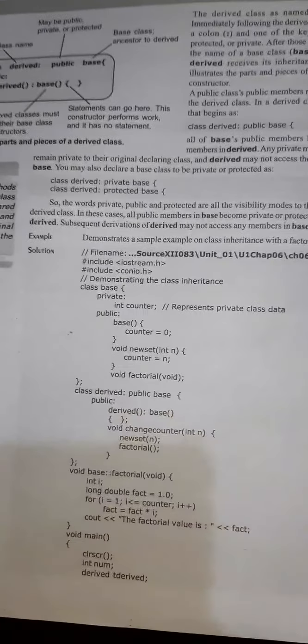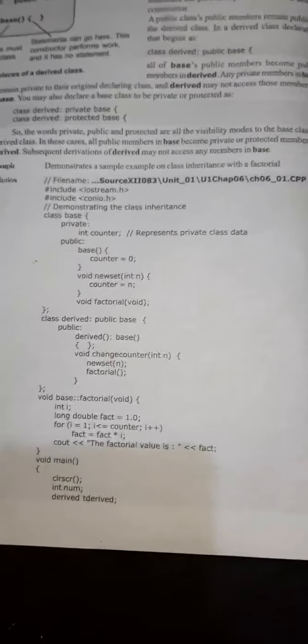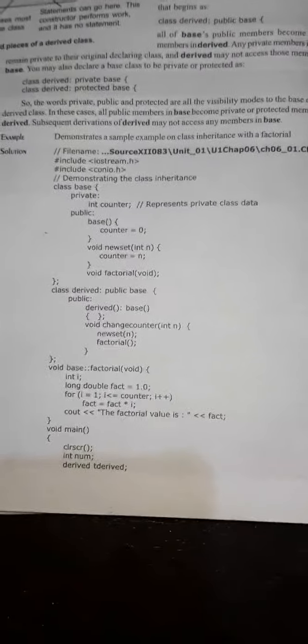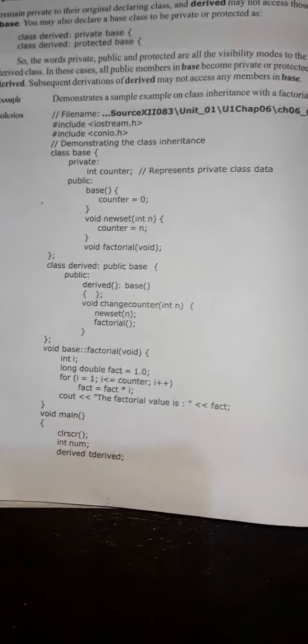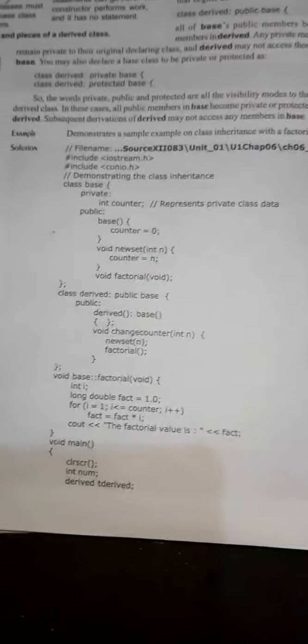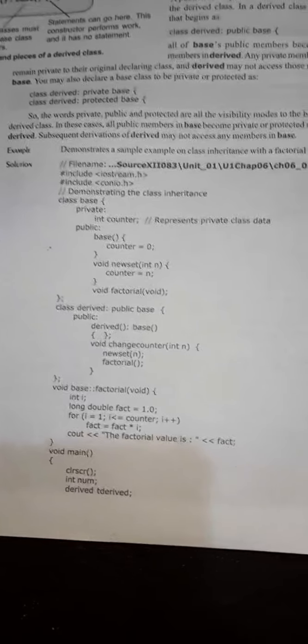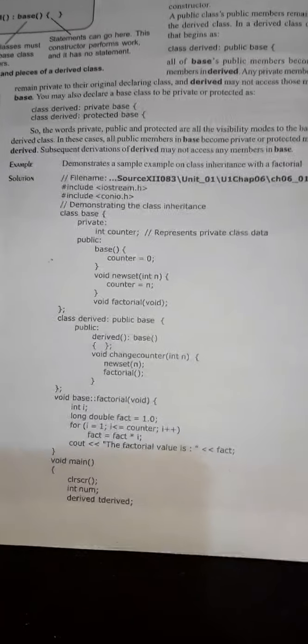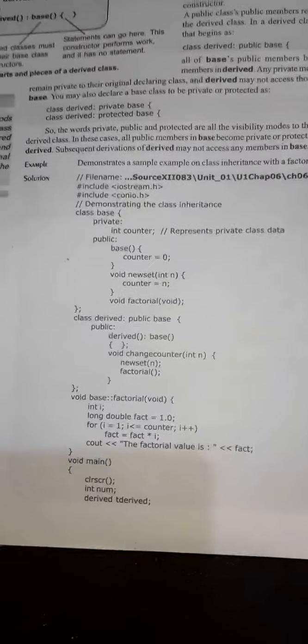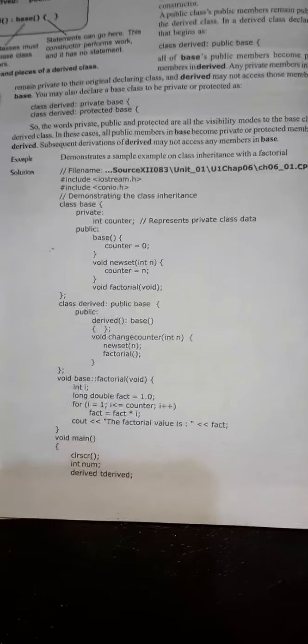Good, it's on page number 1.182, Inheritance: Extending Classes. If you have watched the previous two presentation slides, videos, I'm sure that you have understood the definition of inheritance, and the difference between base class and derived class, and the visibility modes or access specifiers, that is private, public, protected.